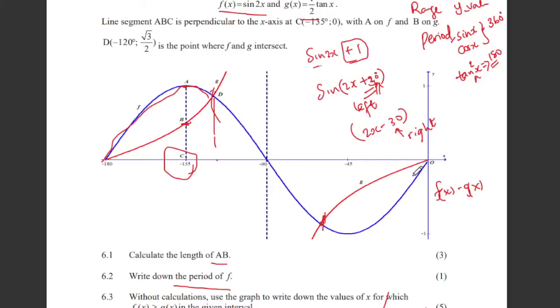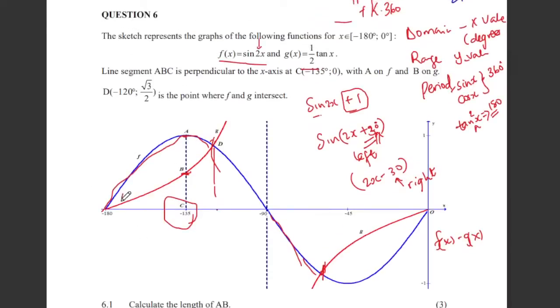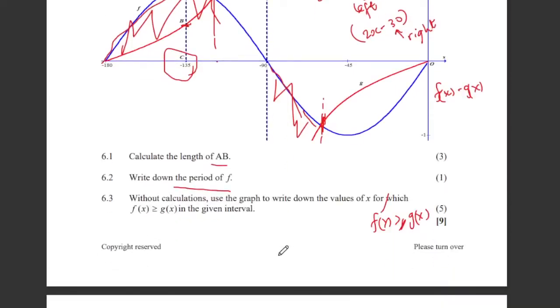So we don't account for this. It's just the two areas: before the negative 90, and after the negative 90 within D up to the negative 180. So we're focusing on this area, and then we're focusing on this area. So get the values of D. Those values of D will be more or less the same as this point here. Play around with that, get those values.